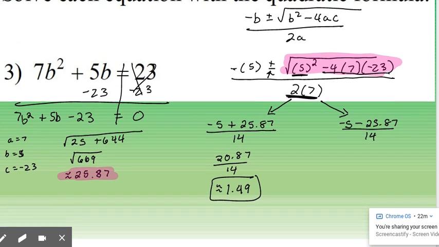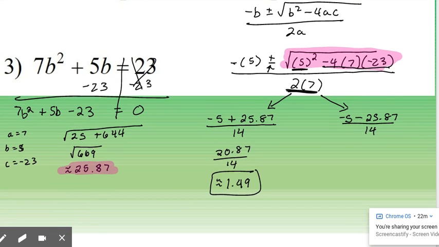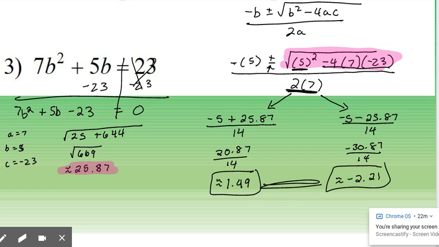For the second one, negative 5 minus 25.87 is negative 30.87 divided by 14. And for that one, I'm getting approximately negative 2.21 when I round it. And those would be my 2 answers. Boom, boom, boom. Okay.